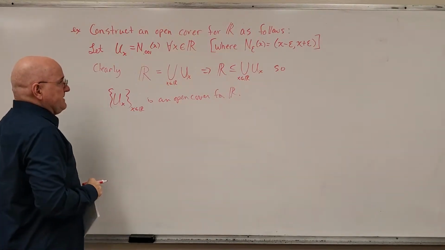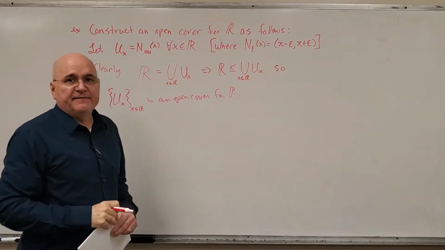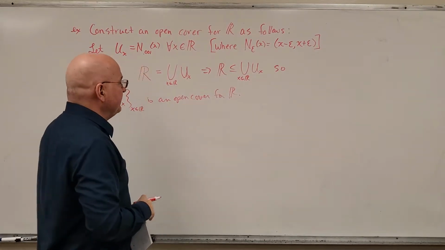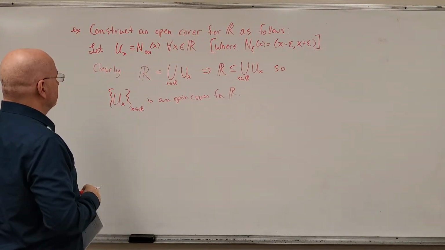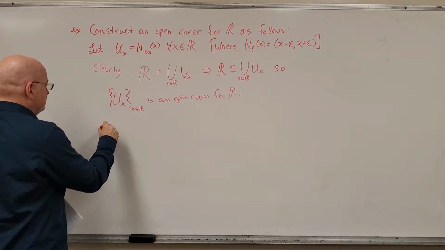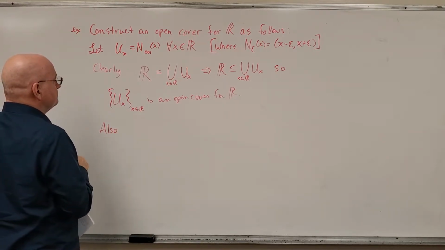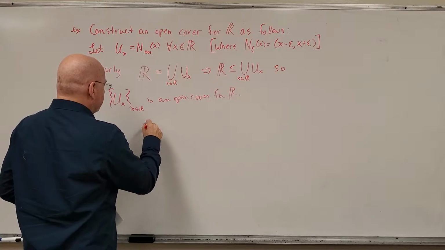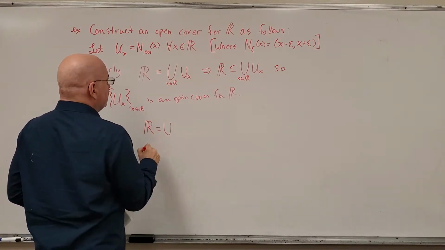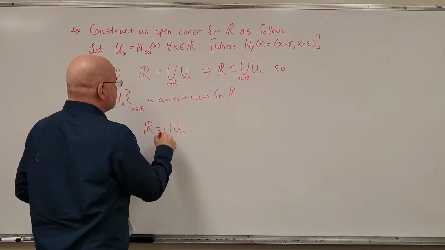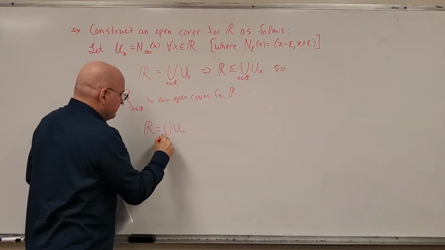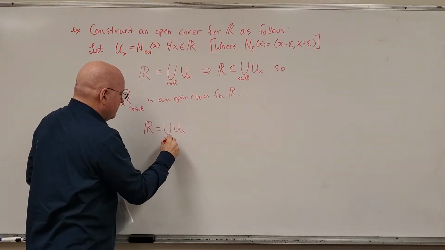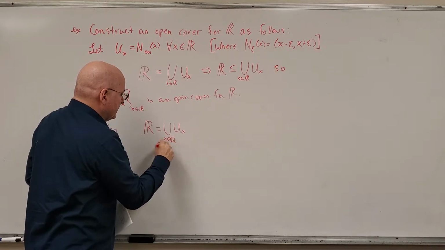Well, I don't think we're going to be able to find a finite subcover, but we can find another cover. I'll say also R is equal to the union of the U sub x's for only the rational numbers x, for x in Q, the rational numbers.